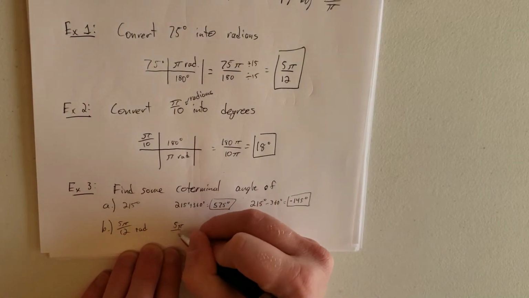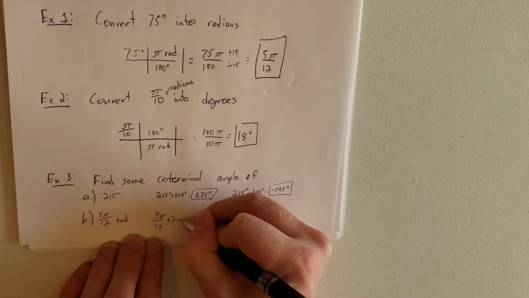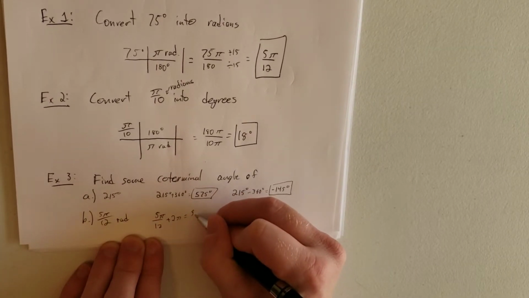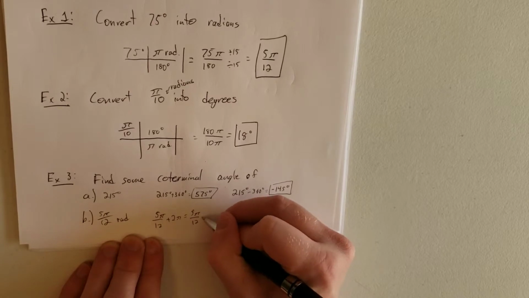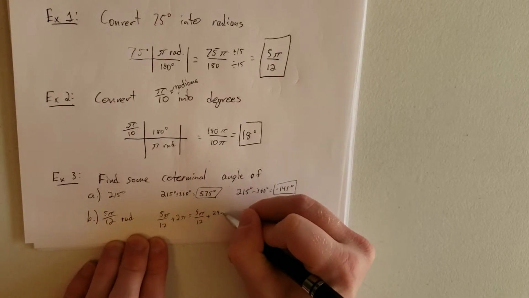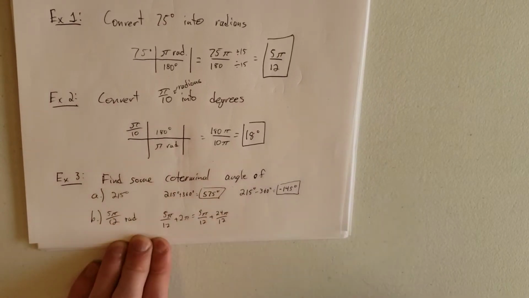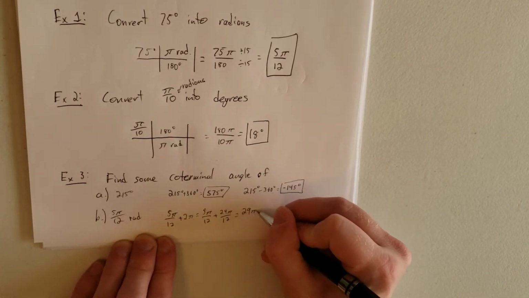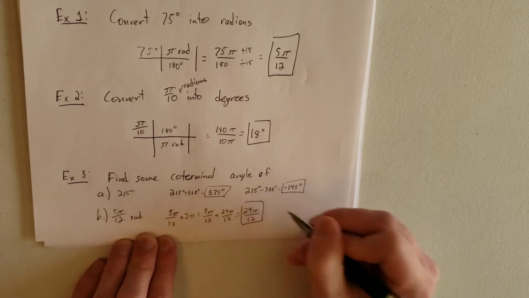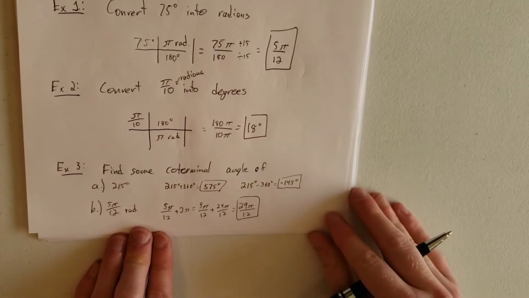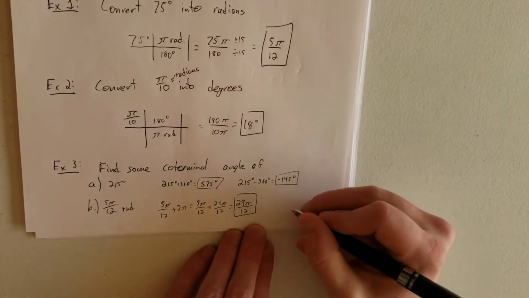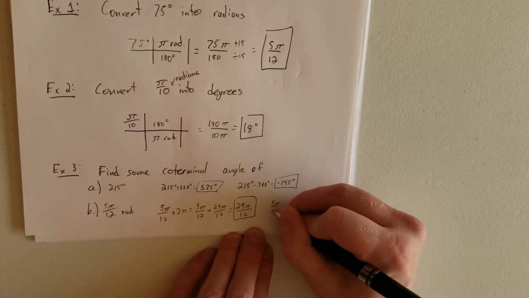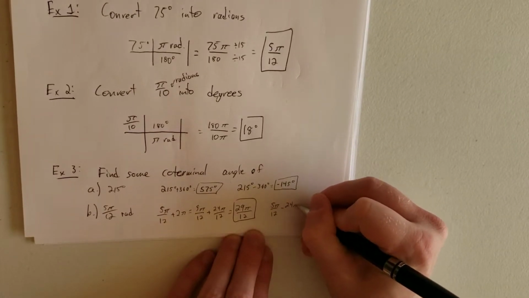So 5 pi over 12 plus 2 pi, which I want to rewrite as 5 pi over 12 plus 24 pi over 12, so that we have a common denominator. This gives us 29 pi over 12. So here is one coterminal angle. And similarly, we could have 5 pi over 12 minus 2 pi.